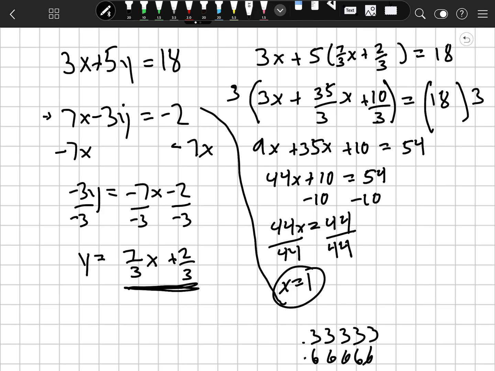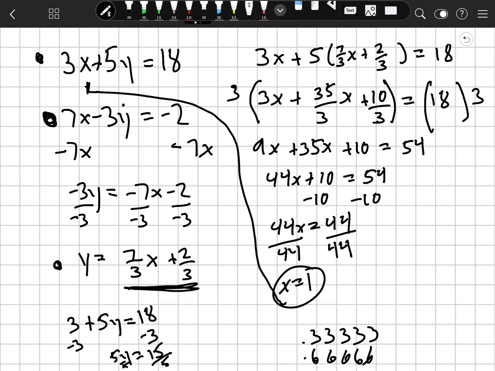Let's take that 1 and plug it in right here. You could have plugged it in here, or here, or even there. I'm just plugging it into the first one. So 3 times 1 is 3, plus 5y equals 18. Subtract 3 from both sides. 5y now equals 15. Divide by 5.